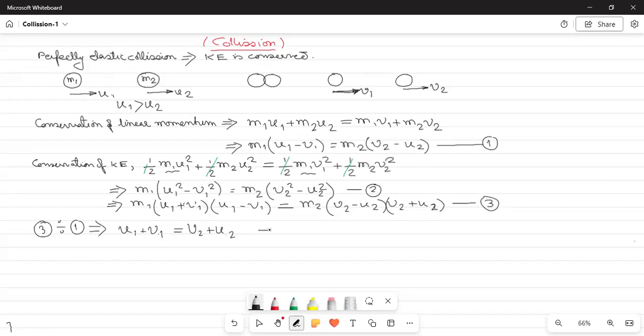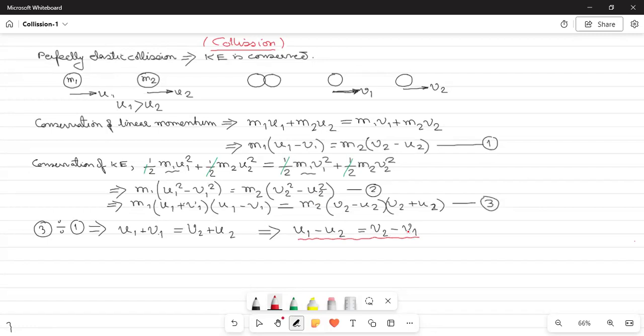Now what we do, we take u1, the initial velocity, on one side, on the left hand side. That means we get u1 minus u2, then v2 minus v1. This is one important equation.